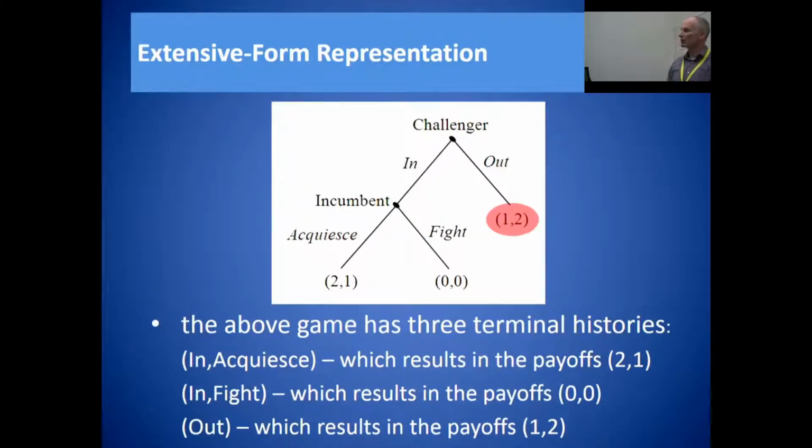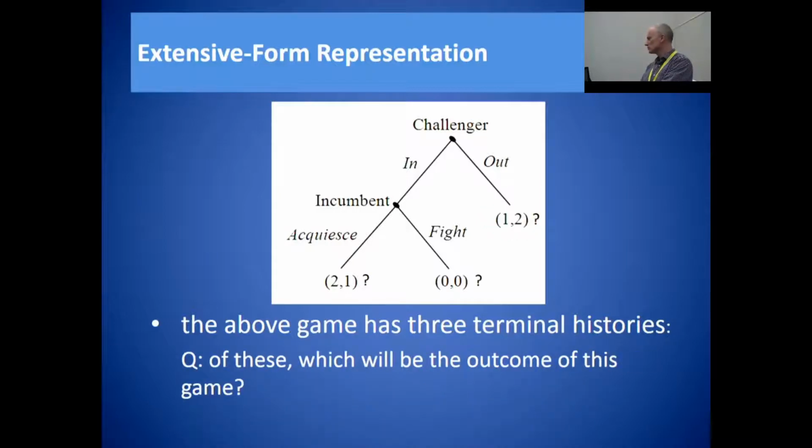Now, when we looked at that game right at the beginning of this lecture, I said there were 4 possible outcomes, and I asked you to identify the most plausible one, the Nash equilibrium. I'm not going to ask you to identify the Nash equilibrium in this game, not yet anyway, but of those 3 outcomes, just take a moment to think, what would the outcome of this game be?